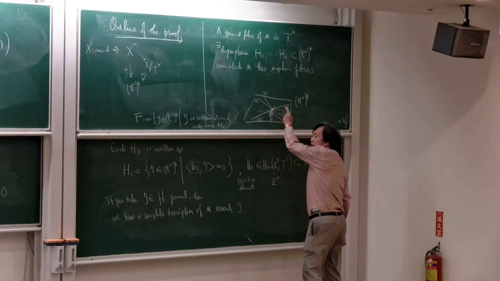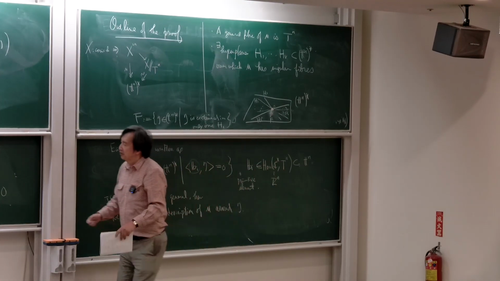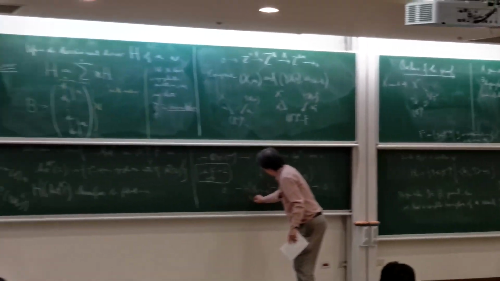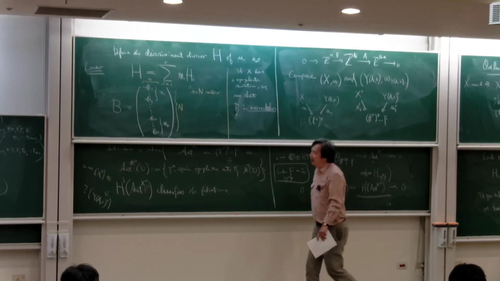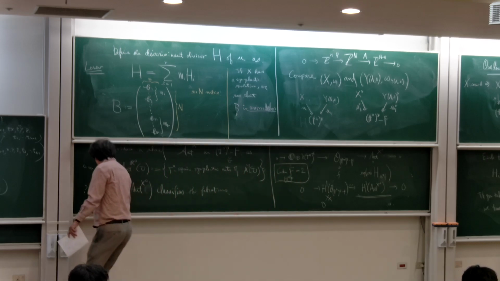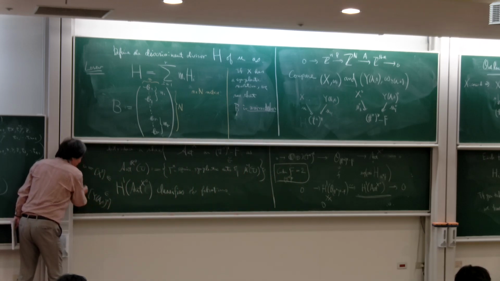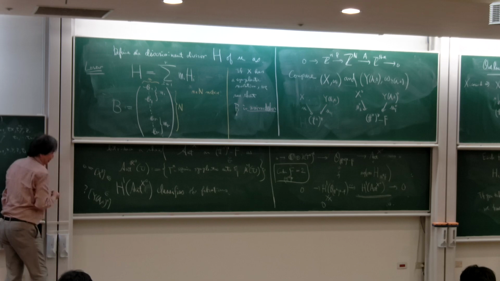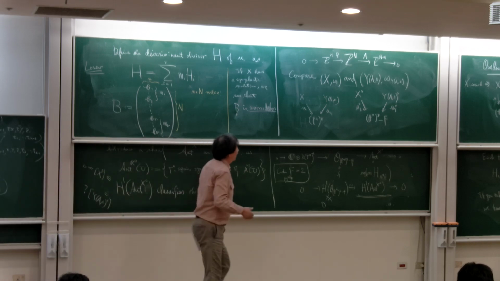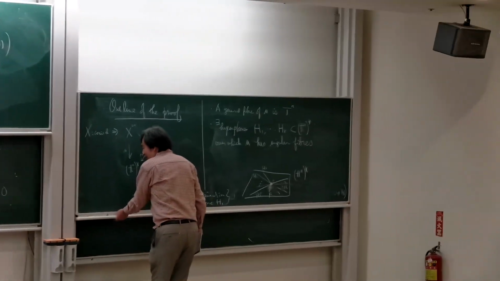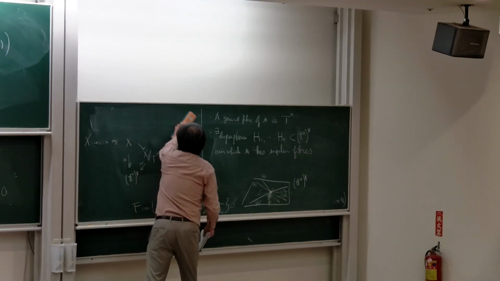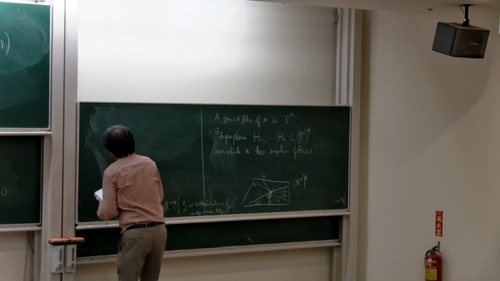This has codimension 2. So this is never 0. So I don't know if this is 0 or not. So we have a trouble. But so how to prove this? So how to prove the theorem?